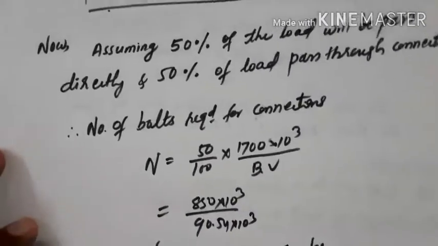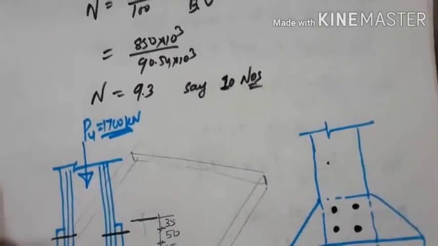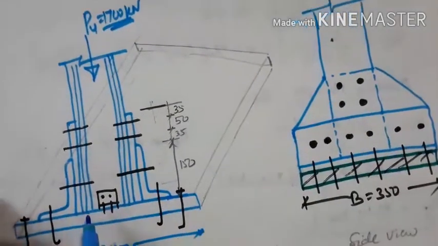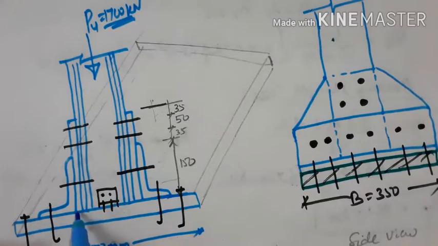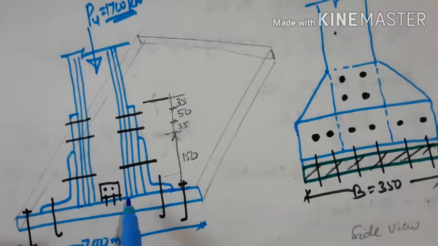This is the factored load given. But in the gusseted base, when the end of the column is machined and welded with the base plate, when it is perfectly machined and welded with the base plate, this will give the complete bearing on the base plate.